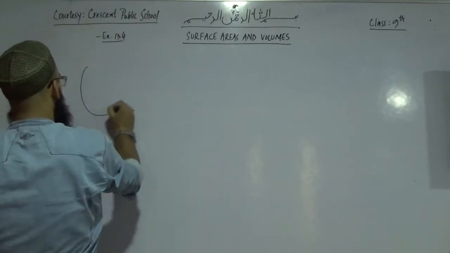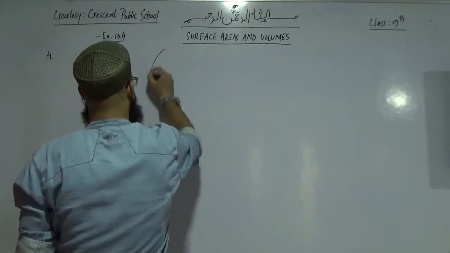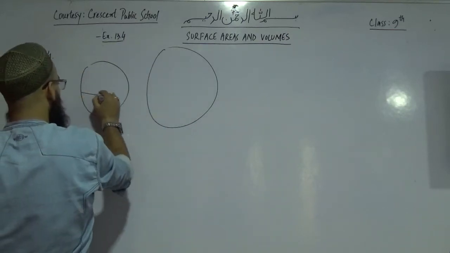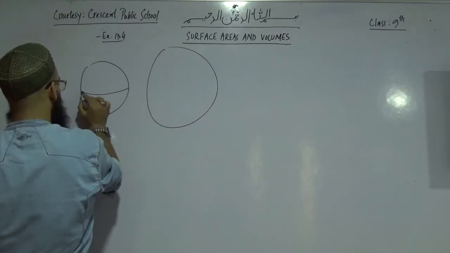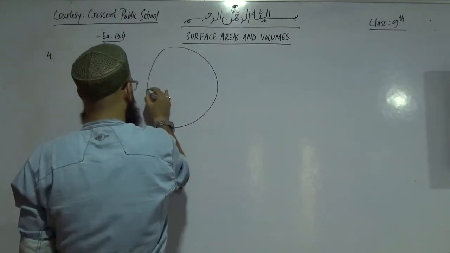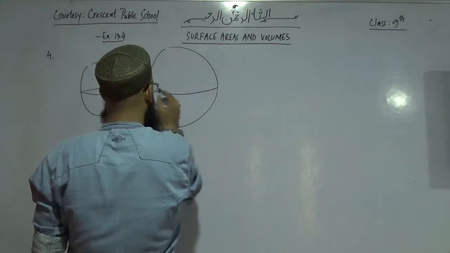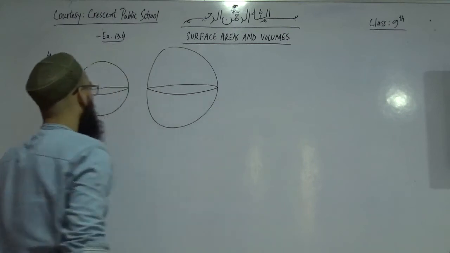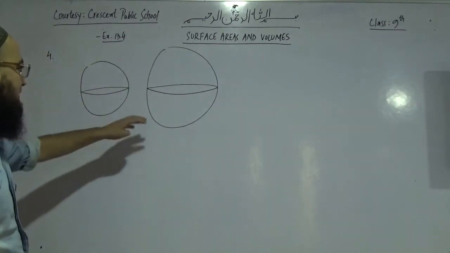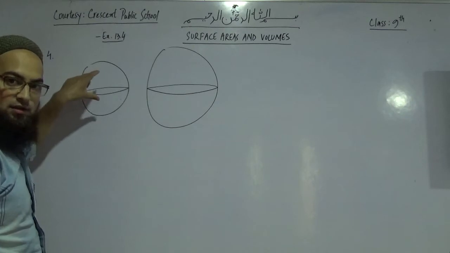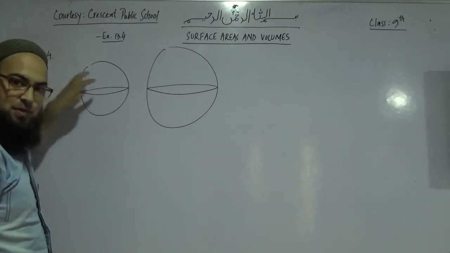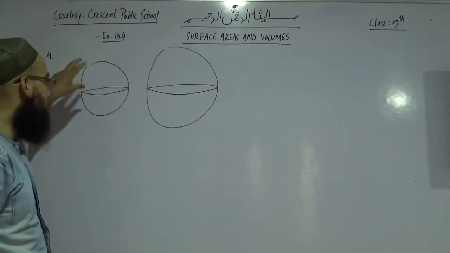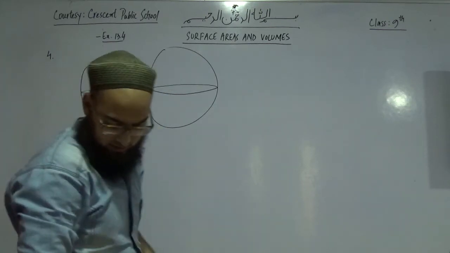Let's say this is one and this is another. This is one sphere, this is another sphere. This is actually a spherical balloon. Now when air is being pumped into it, its radius increases from 7 cm to 14 cm.